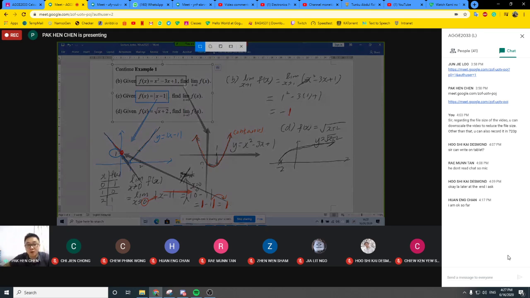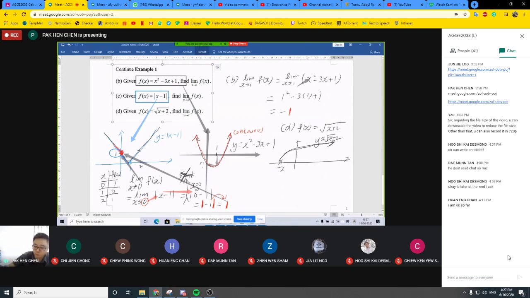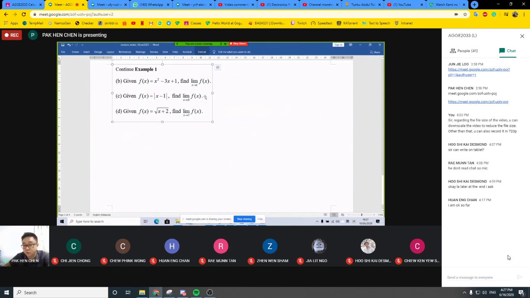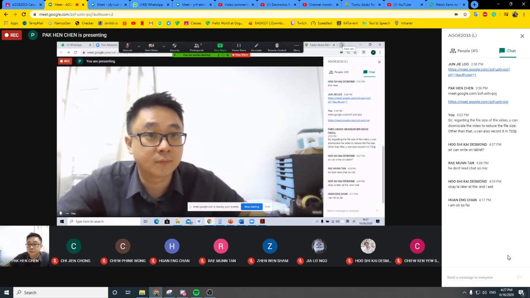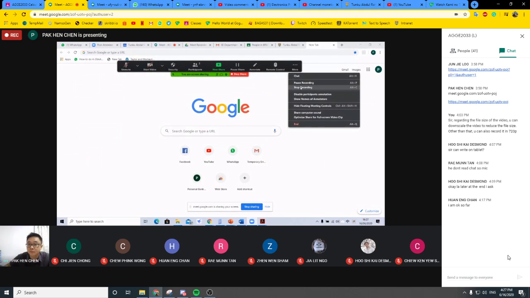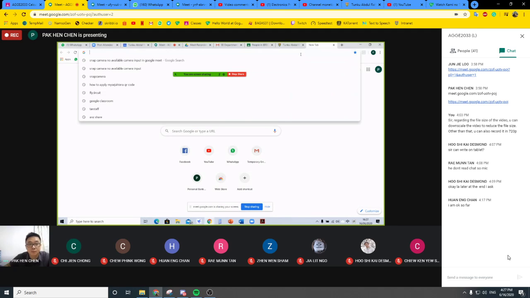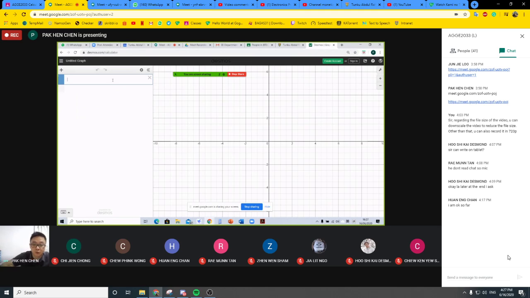For sketching graphs, if you know how to sketch a graph, you are allowed to go to the Desmos calculator website to check this graph for understanding. Then you can draw y equals the square root of x plus 2.